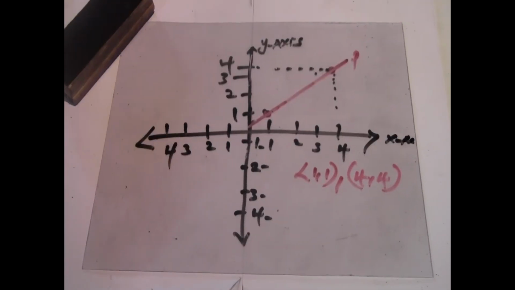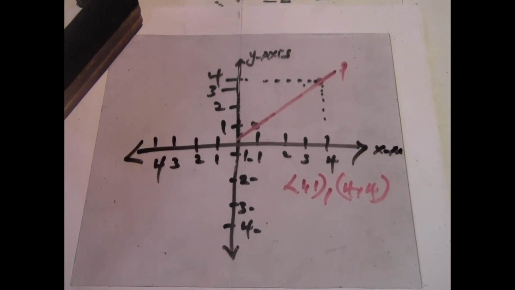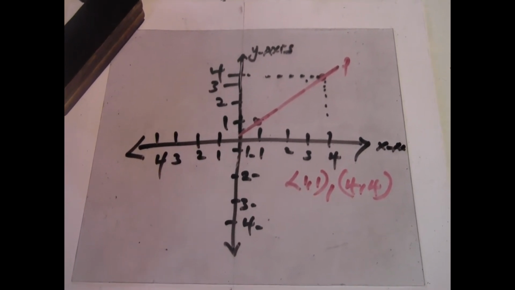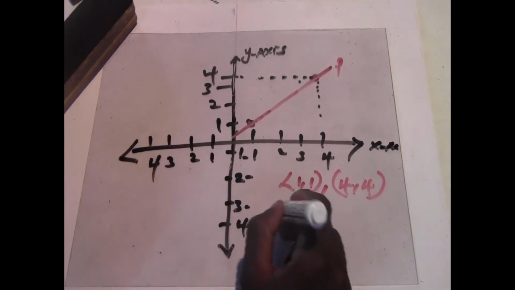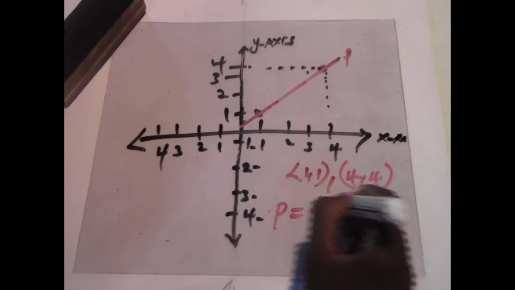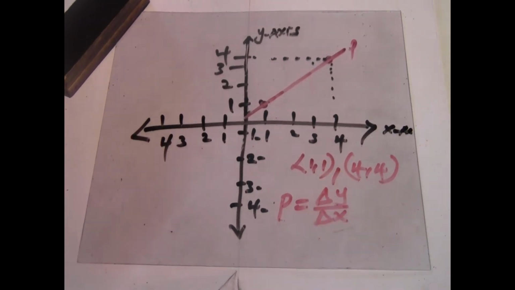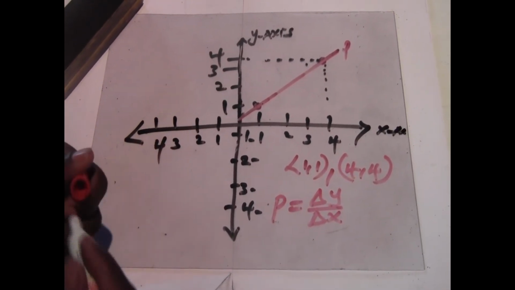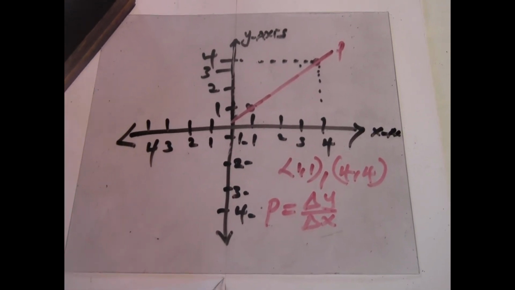So for you to find the gradient of this line, from our definition, the gradient is the change in y coordinates over the change in x coordinates. So the gradient of P is equal to the change in y coordinates over the change in x coordinates. By change in y coordinates, it means the difference in y coordinates.